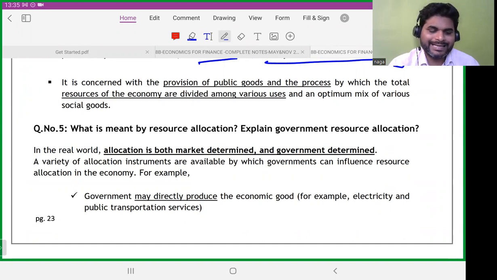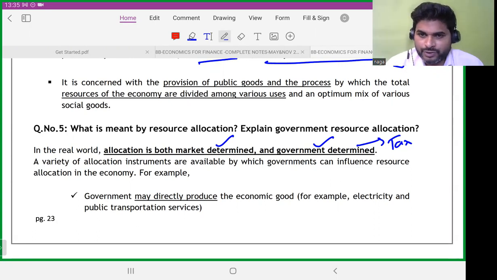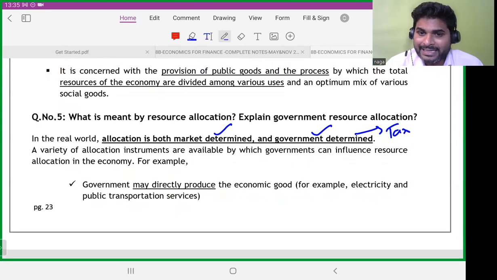In the real world, allocation is both market determined and government determined. Government determines tax policies, all of it, and the market determines how much to produce, what to produce. A lot of goods, barring a few, don't take exceptions. A variety of allocation instruments are available by which governments can influence resource allocation in the economy. For example, government may directly produce.